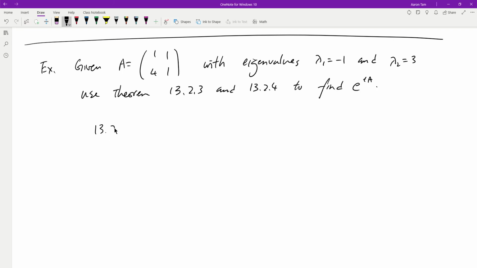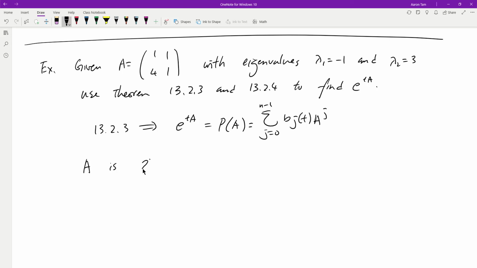It basically states the following: e to the tA is equal to p of A, which is equal to the summation from j equals 0 to n minus 1 of b sub j of t times A to the j. For us, A is 2 by 2, therefore n is equal to 2.